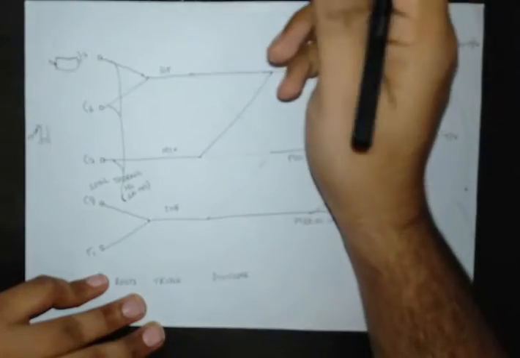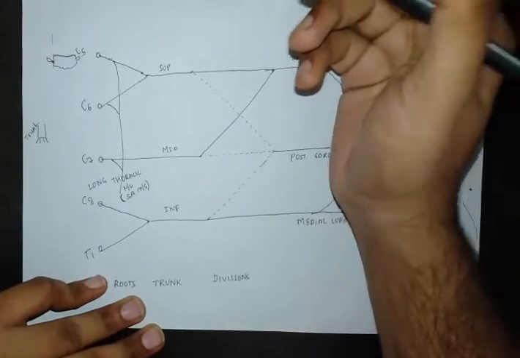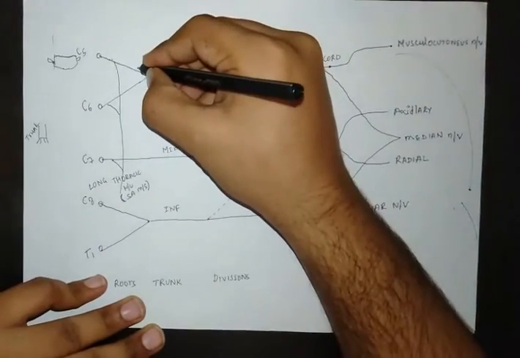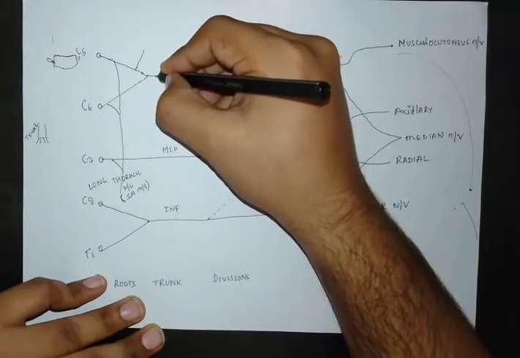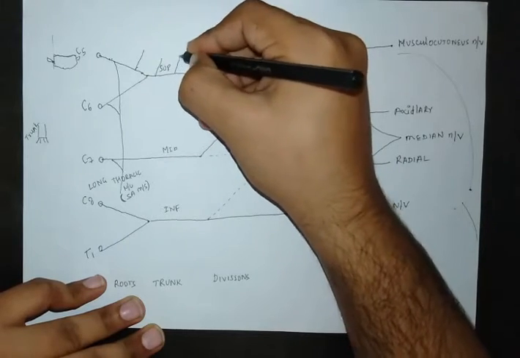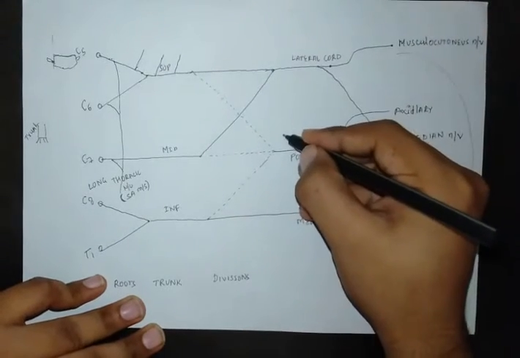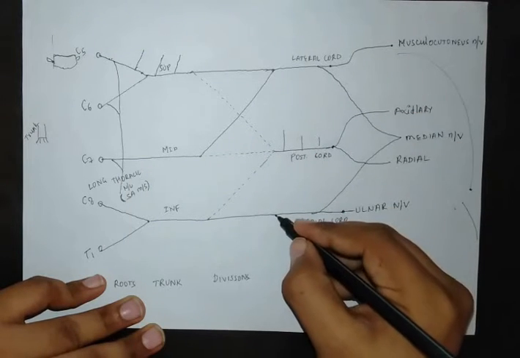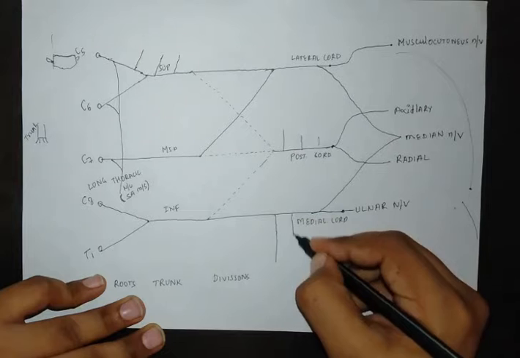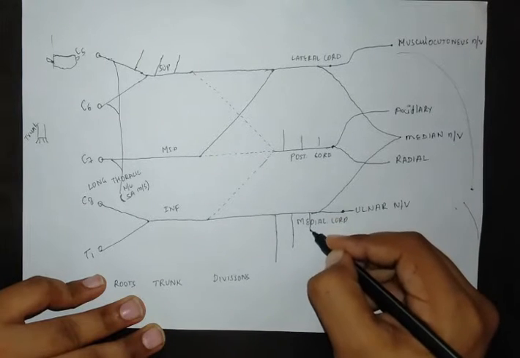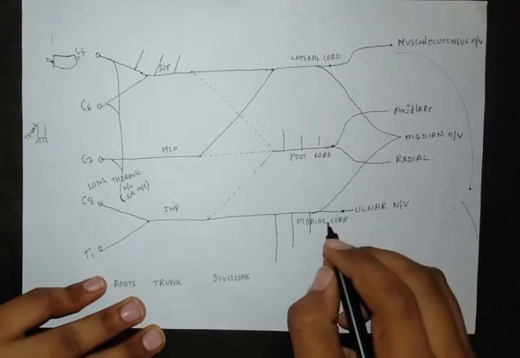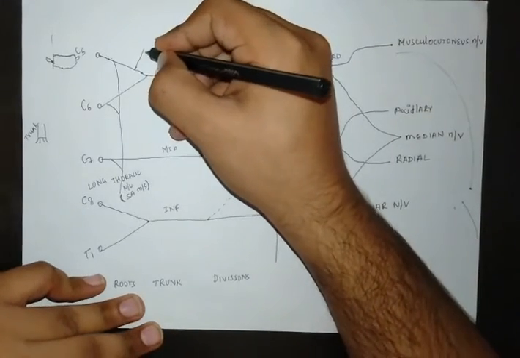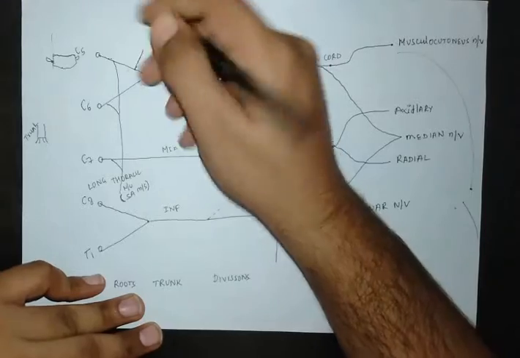Now there are three nerves each from above, middle and below that you have to remember: 1, 2 and 3. Here again 1, 2 and 3, and here also 1, 2 and 3. Now we start from here, this region in the neck.